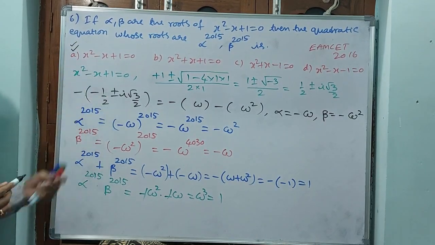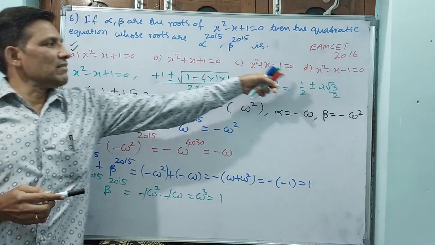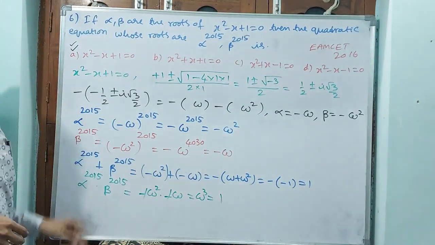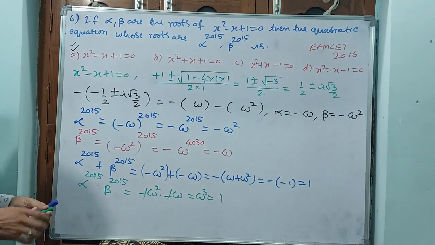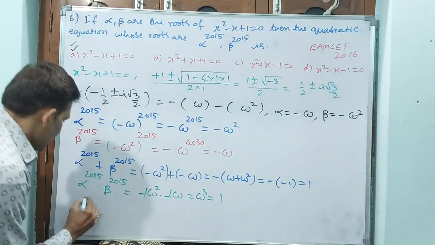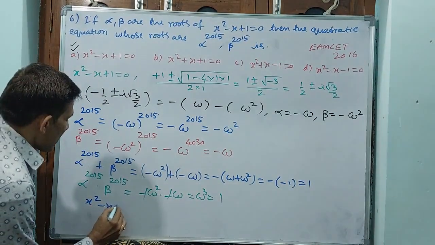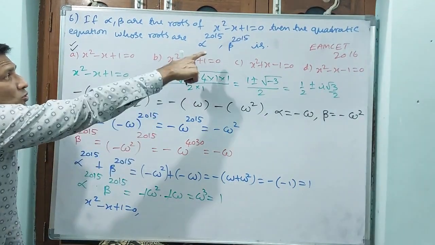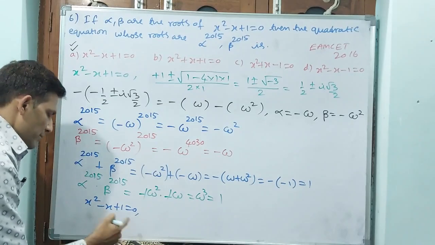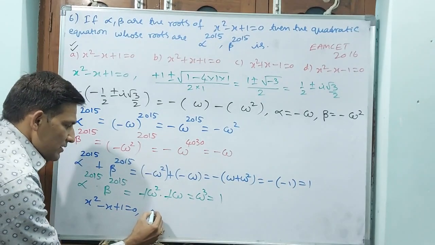That means answer is this only. You need not go for second one for checking. You understand this question? Okay. That means see what I am writing. For x square minus x plus 1 equal to 0, these are the roots.